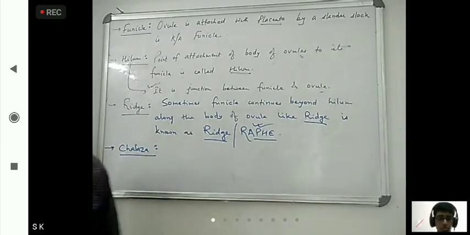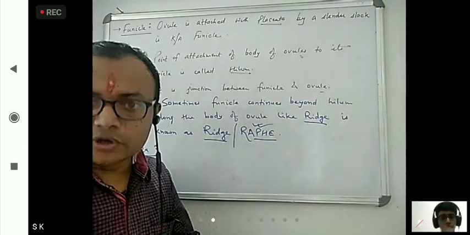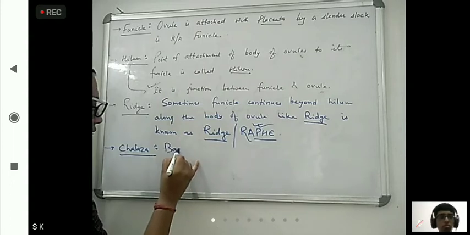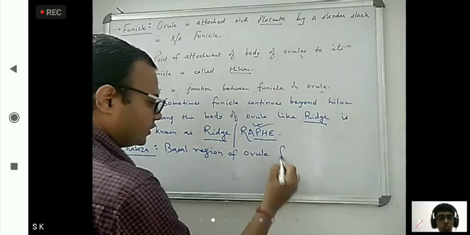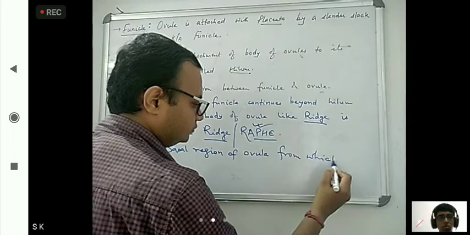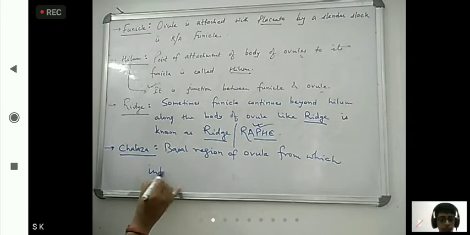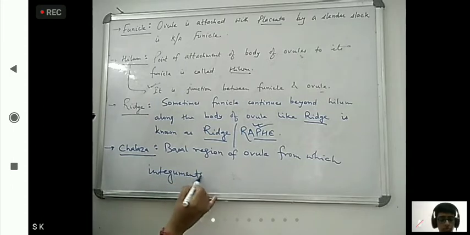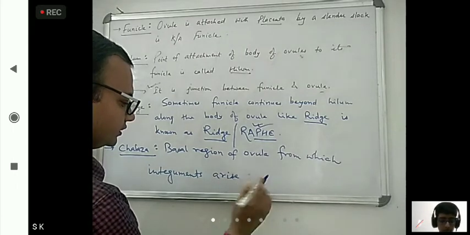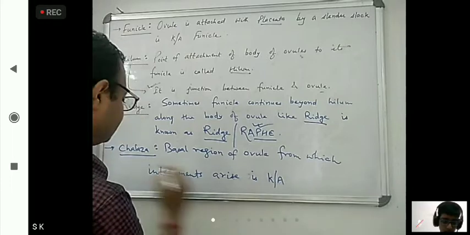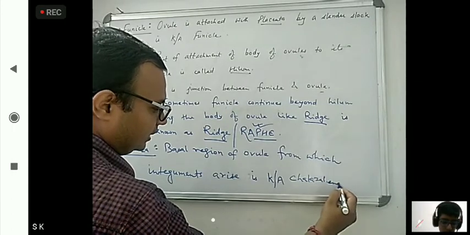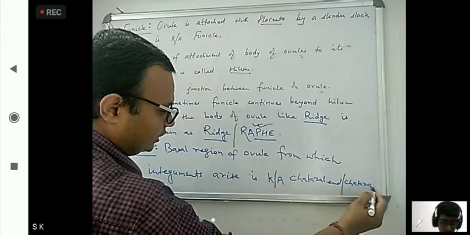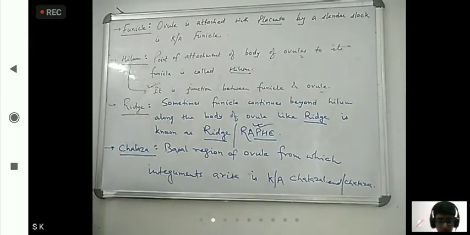Basal region of ovule from which integuments arise is known as chalaza or chalazal end.